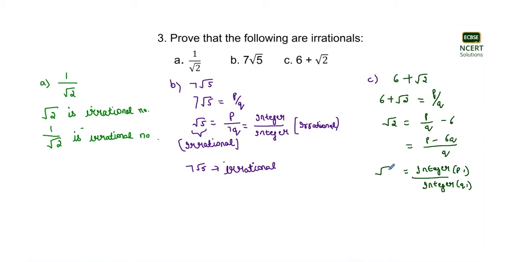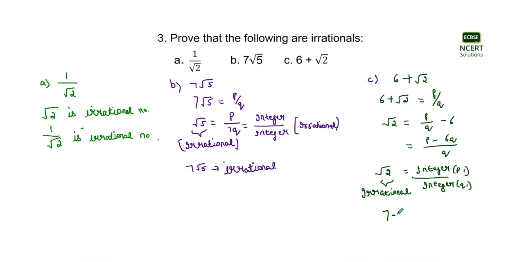But we do know that root 2 is an irrational number, as we proved using the contradiction method. If on the left hand side we have an irrational quantity, then on the right hand side we will definitely have an irrational quantity.